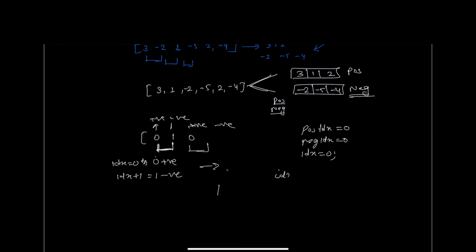For idx equal to 0, we will insert nums of idx as the positive array at the positive index, which is 0, and nums of idx plus 1, the immediate next, we will insert the negative array at the negative index. We increase the positive index by 1, the negative index by 1, but we increase our idx by 2. Why? Because we already covered 0 and 1, so next time we will cover index 2. That's why we increase it by plus 2.